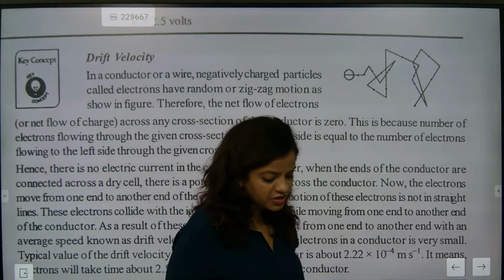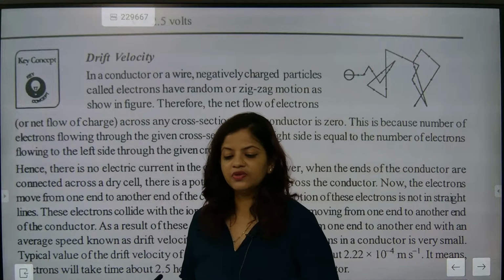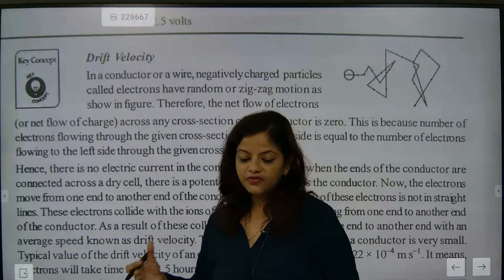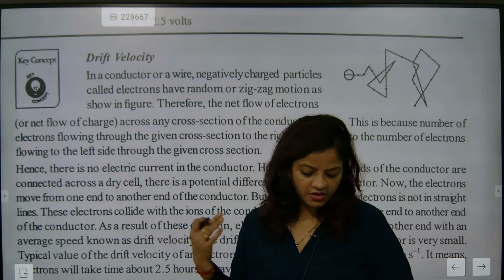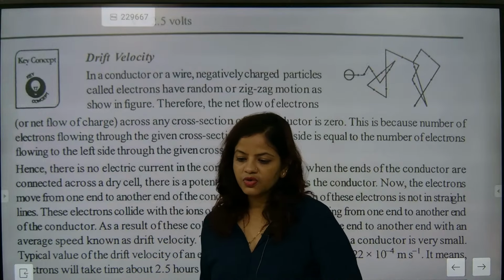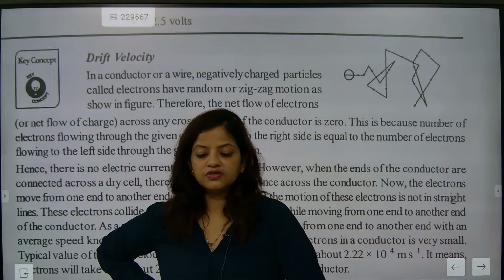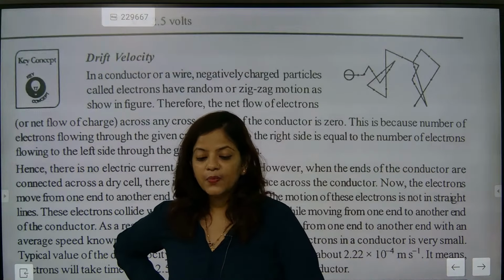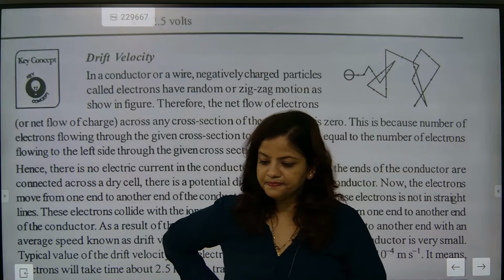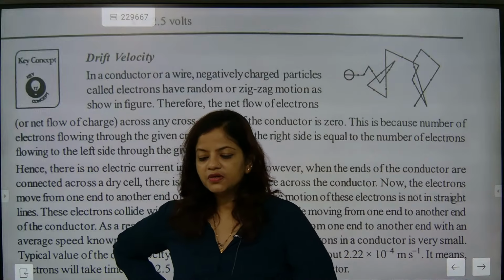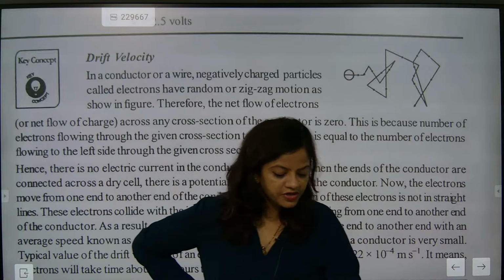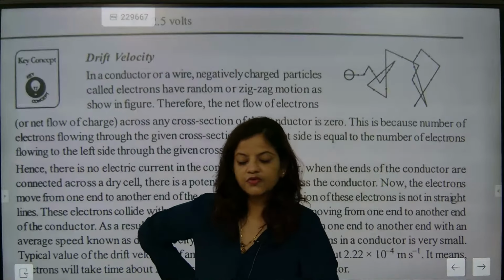It's the potential difference between the ends of the wire.